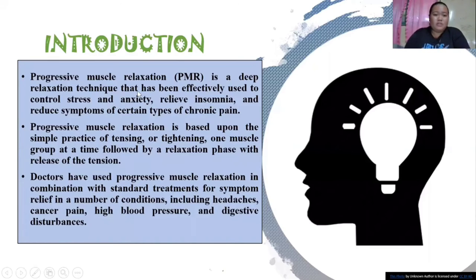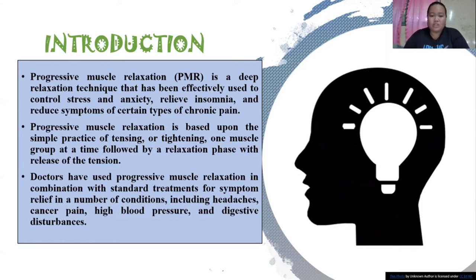The introduction for progressive muscle relaxation: progressive muscle relaxation, or PMR, is a deep relaxation technique that has been effectively used to control stress and anxiety, reduce insomnia, and reduce symptoms of certain types of chronic pain.